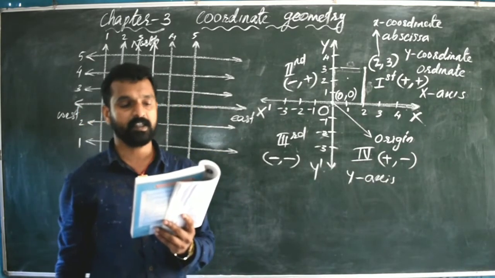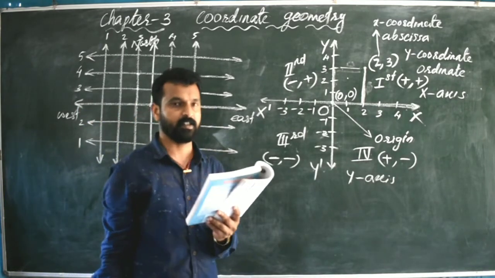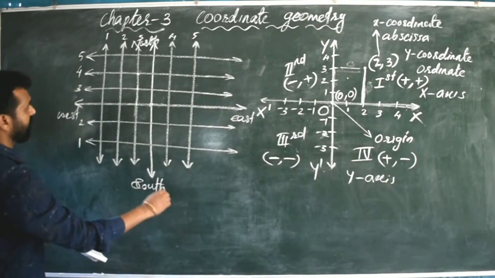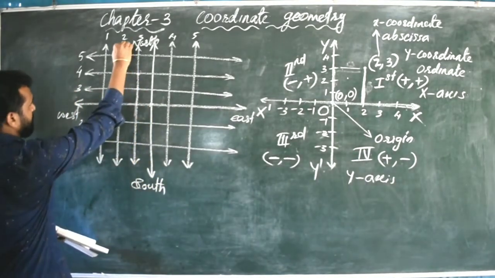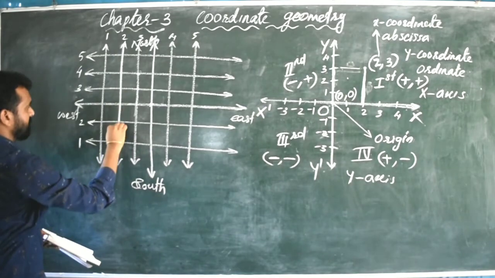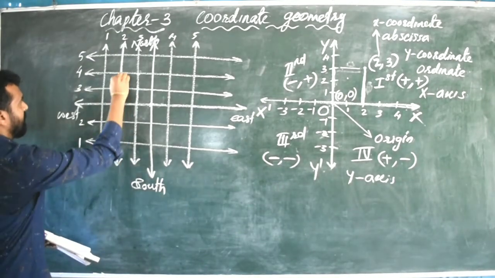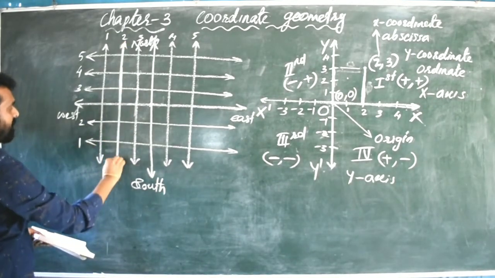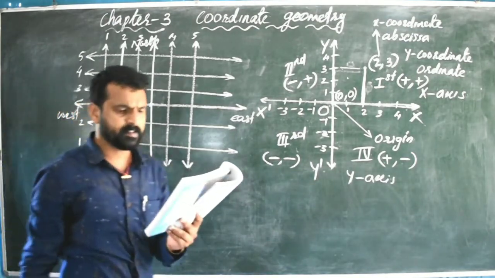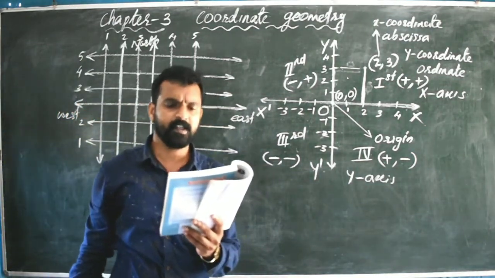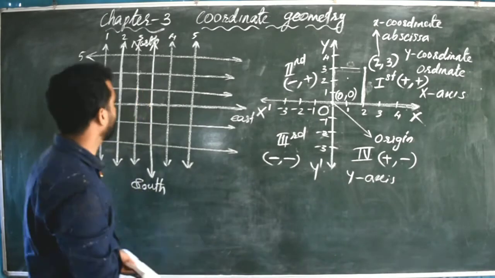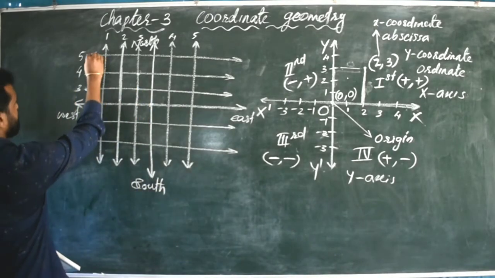Suppose the second street running in the north-south direction, this one, and the fifth in the east-west direction, this one is the fifth one.